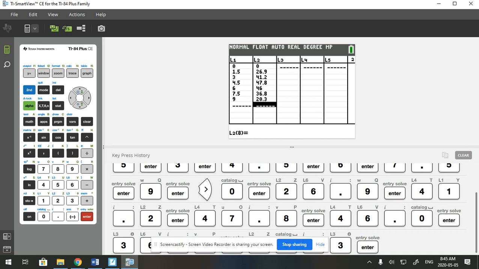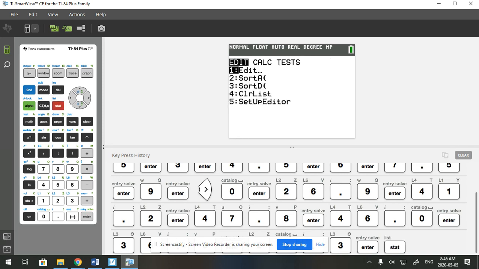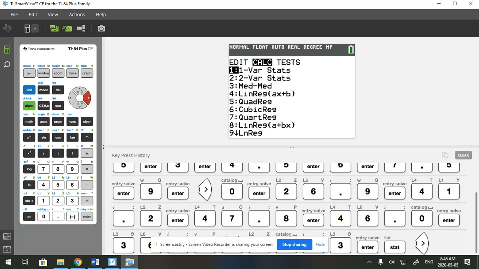So the next step is I'm going to find the equation. Now that it's stored in there, you're going to go back into your stat menu. And now you're going to go over to calc. And now these are all your different options. We've done the exponential regression. We've done the logarithmic regression. Now you'll notice you have 3 different options here for polynomials.